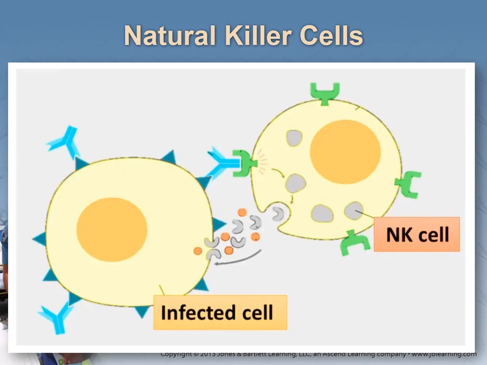But what a natural killer cell does, again, it's going to look a lot like the T cell, is using antibodies it is able to figure out where the infected cell is. So when we have an infected cell, I think the important thing, and the reason that I even included this in this PowerPoint, is that an infected cell, when it's inside the cell like that, we're talking about viruses.